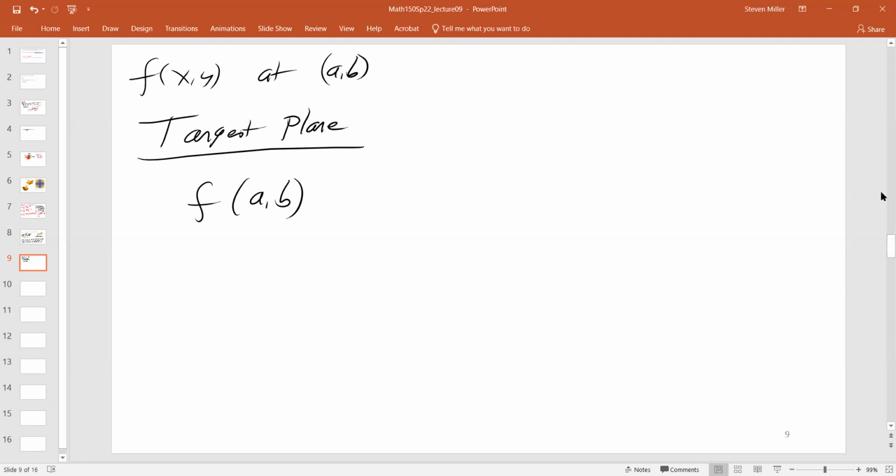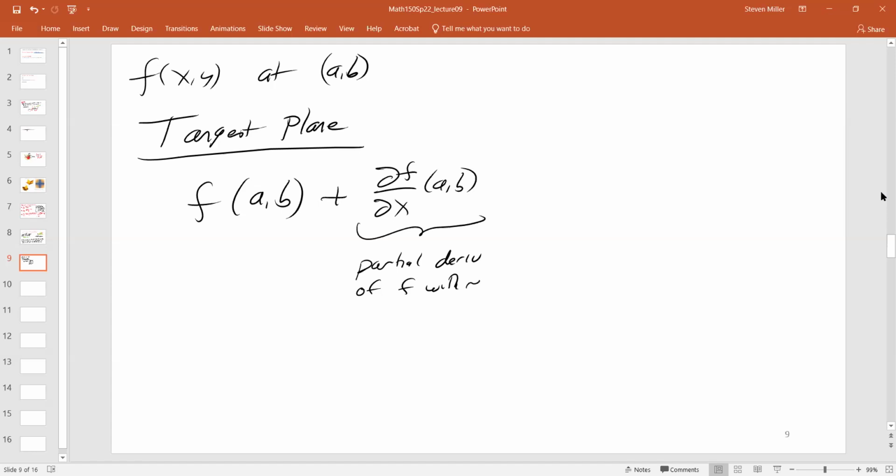So if we go in the x direction, I'm going to write it as df/dx at (a, b). So this is the partial derivative of f with respect to x, keeping y fixed.